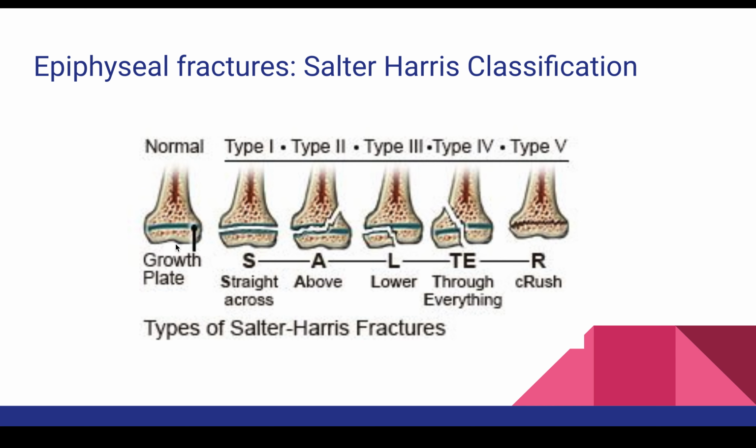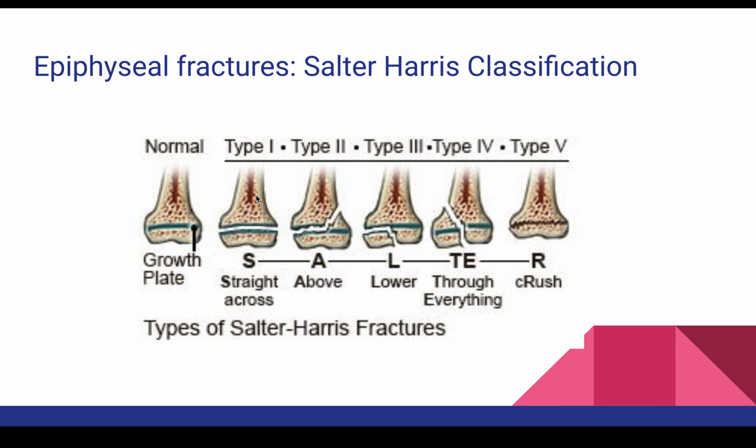That is the crux of this classification. Will growth actually be disturbed? Will you have significant growth disturbance? So let me give you a heads up. Only in stage 4, where you have a fracture through everything, will you have a potential for growth to be disturbed because it will interfere with this growth plate. Whereas here, you will have a much more serious cause for concern for significant growth disturbance because it will crush the entire growth plate. Okay, so the green is the growth plate.